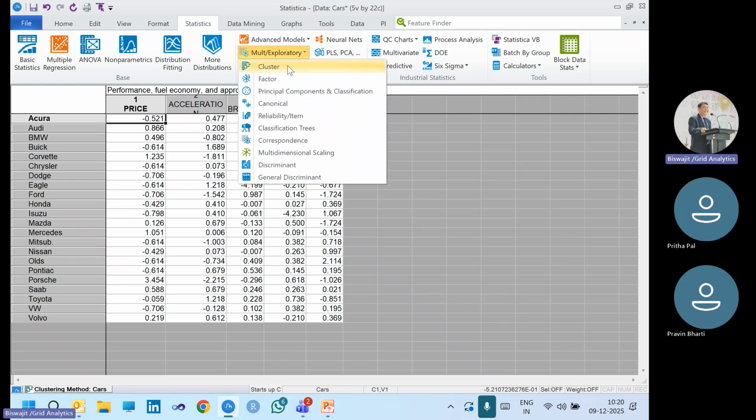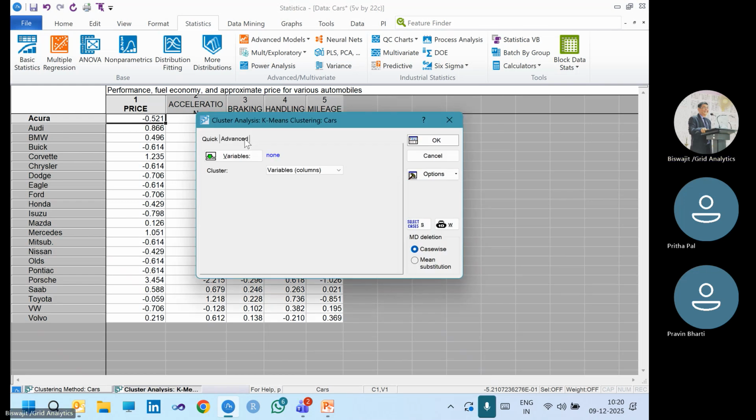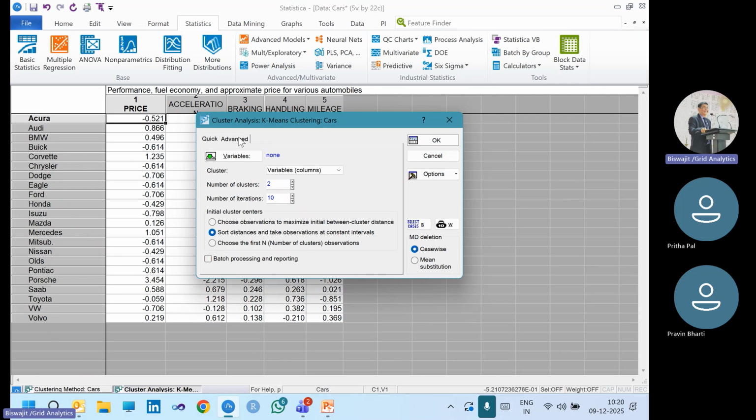So I go to cluster, start new, k-means clustering. Again, I go to advanced to get more features, right? So I get the cases. Number of clusters: already we have a hypothesis. We wanted to develop the 3 clusters: economy, sedan, and luxury.